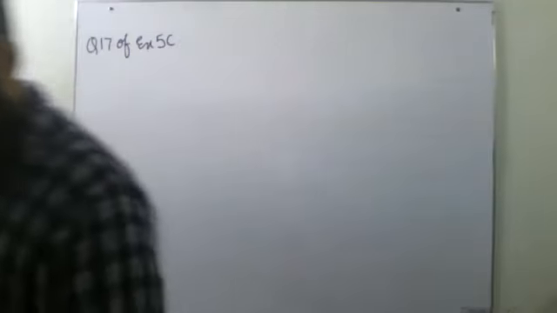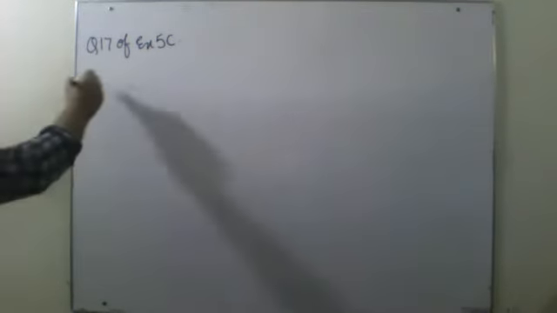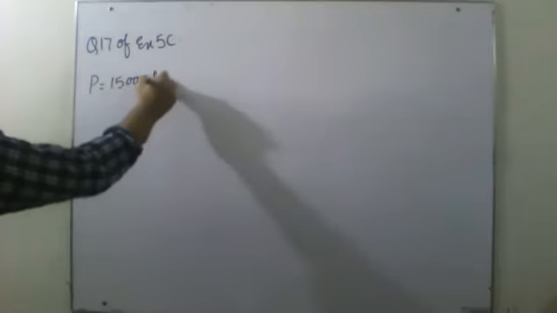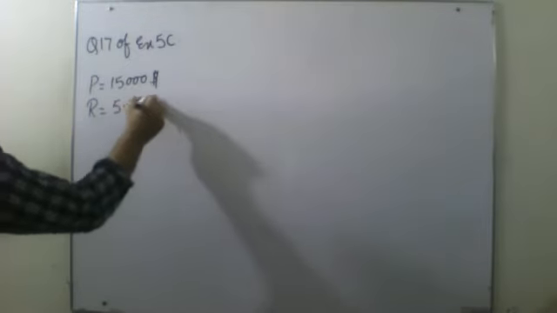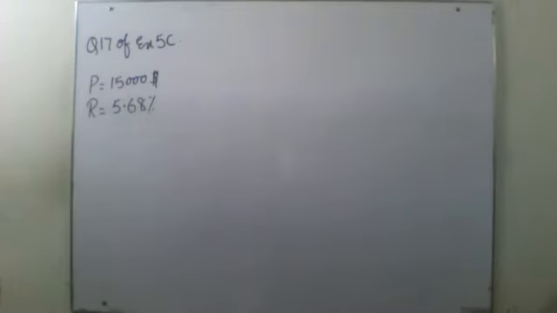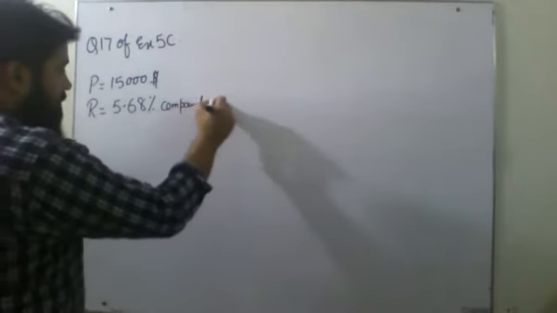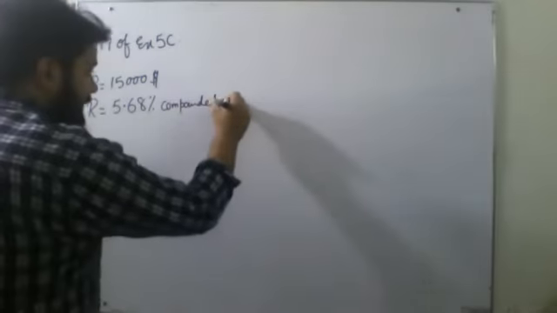Okay, the question says that a person deposited $15,000 in a bank, which is paying a rate of interest of 5.68% compounded yearly.